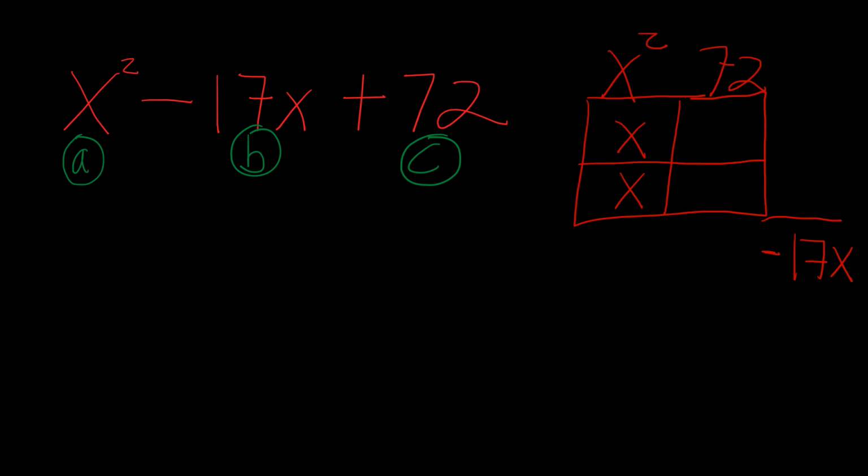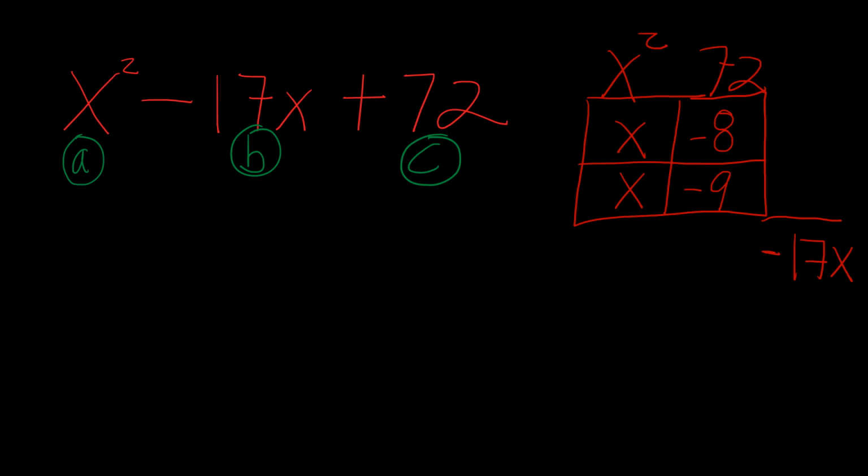If you guessed it, it would be 8 and 9, because 8 times 9 is 72. But this is negative 17x, so I have to make both of these negative, because negative 9 times negative 8 is going to be positive 72.